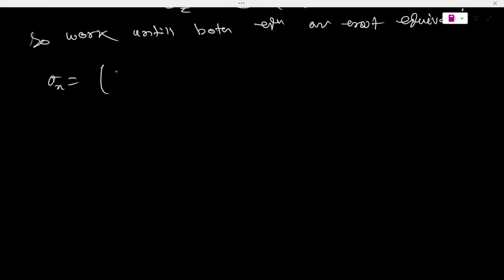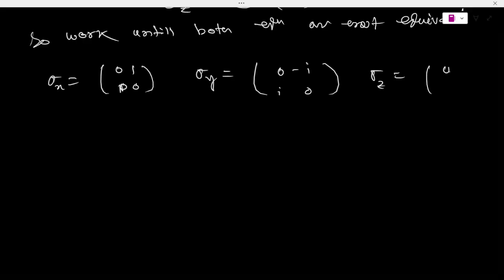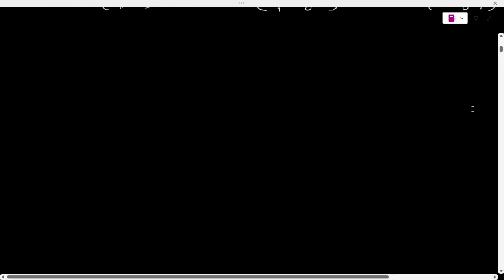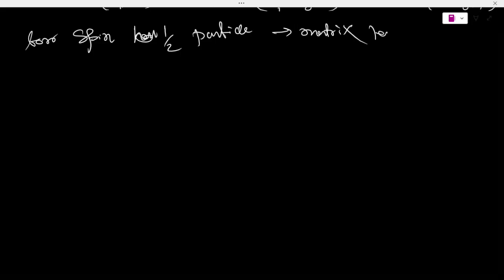So sigma x is [0 1; 1 0], sigma y is [0 -i; i 0], and sigma z is [1 0; 0 -1]. We will be using the matrix language to discuss the spin half particle; for a spin half particle, we use matrix language.